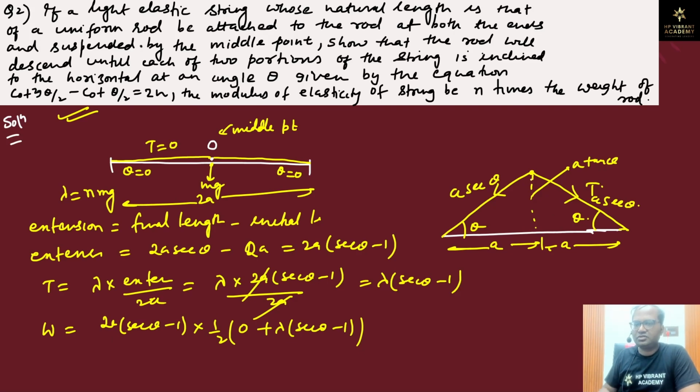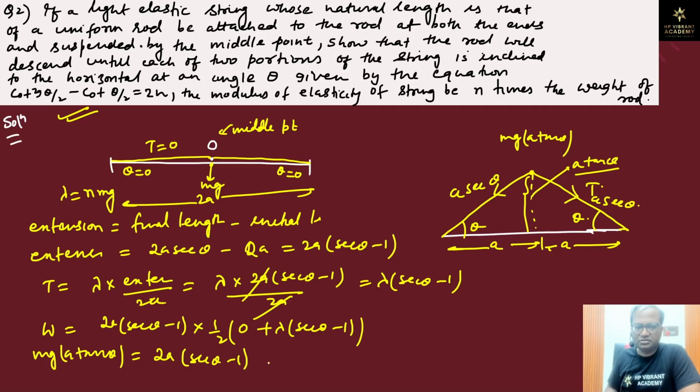Now the work done is equal to the descent. The height by which the rod has descended is a tan theta, and the total work done will be mg into a tan theta. So we have mg into a tan theta is equal to 2a into (sec theta minus 1) into half of lambda (sec theta minus 1).